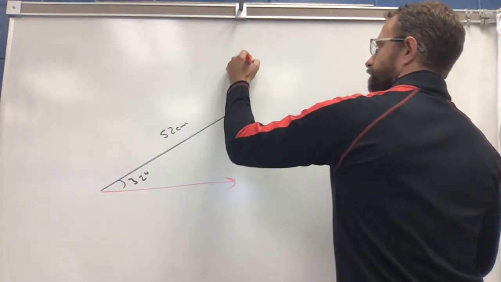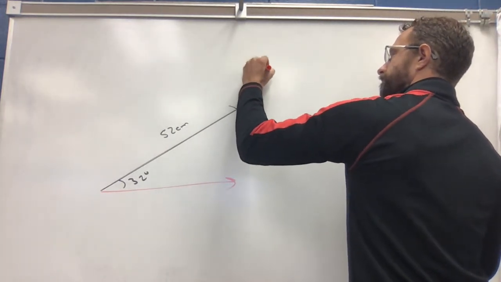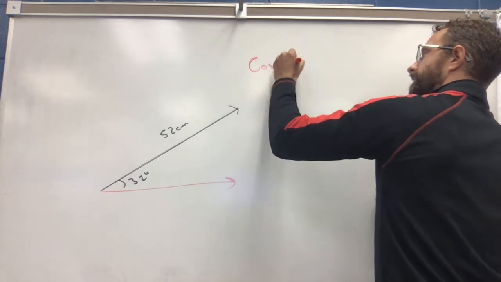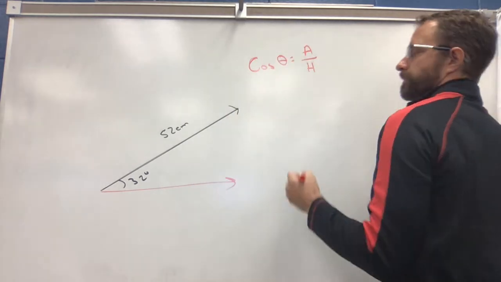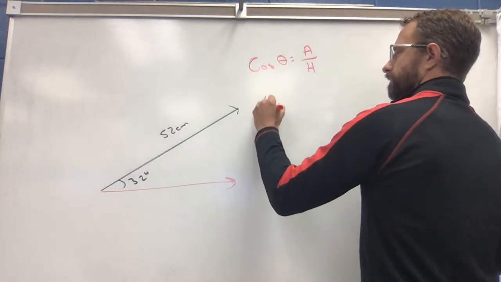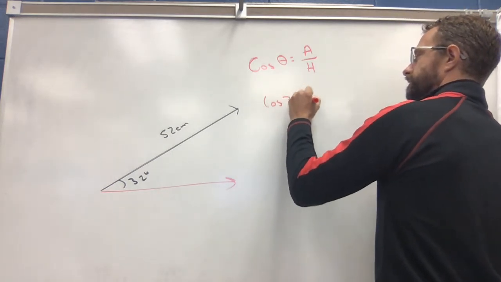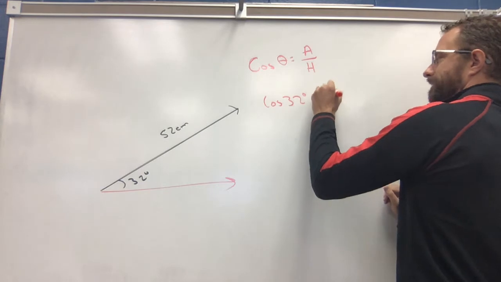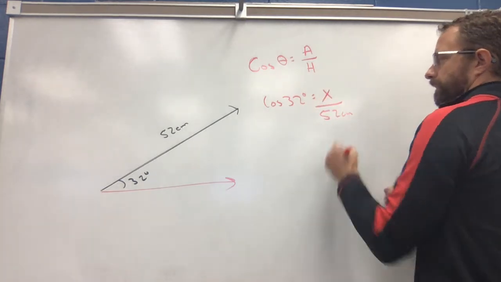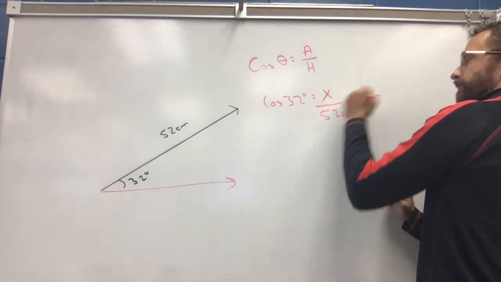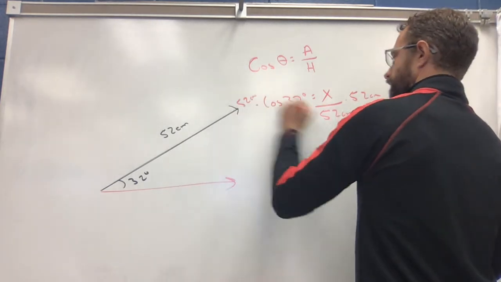So I could say my cosine of theta equals adjacent over hypotenuse. So I go plug it in. Cosine of 32 degrees equals my x value over 52 centimeters. Multiply 52 centimeters by both sides, cancels out over here.